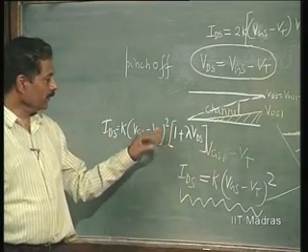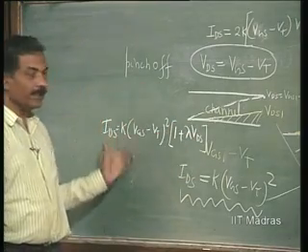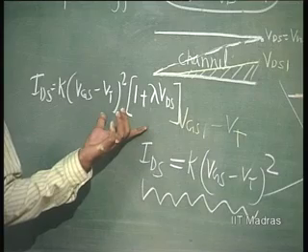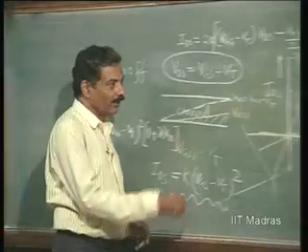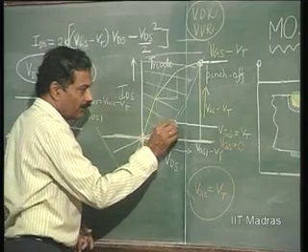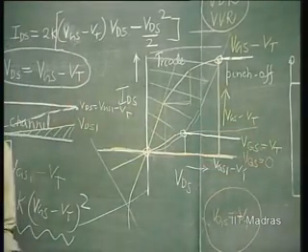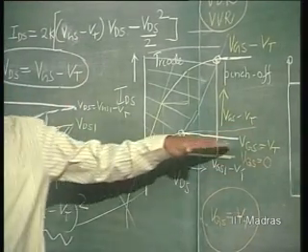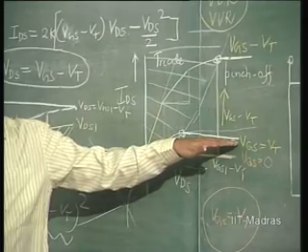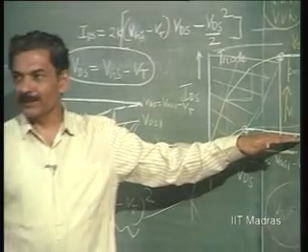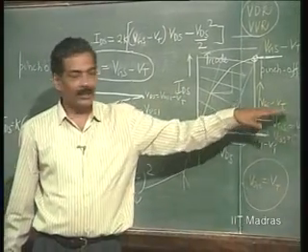So, this is what really happens in the case of a practical field effect transistor. It is not all that independent, there is a certain amount of dependence. It is not going to remain constant at this value of K times (VGS minus VT) whole squared, it is slowly increasing.